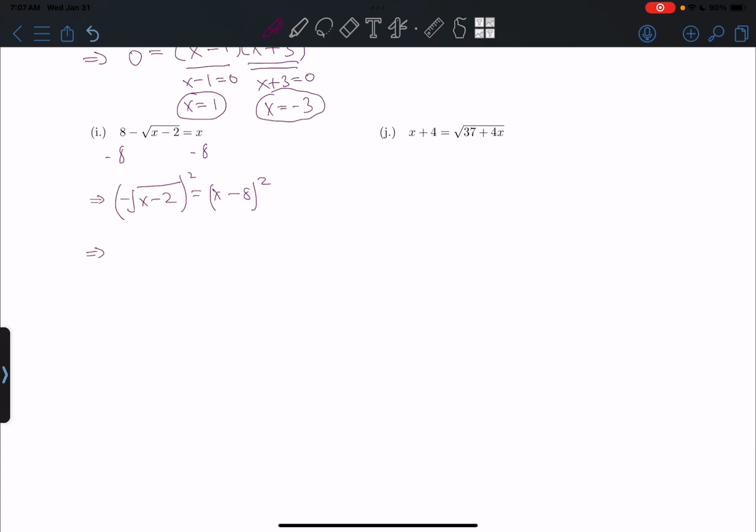The square gets rid of the square root and that negative, so I just have x minus 2. Right hand side, I still have to FOIL. I'll leave that to you if you don't remember the formula. And again, bring everything to one side.